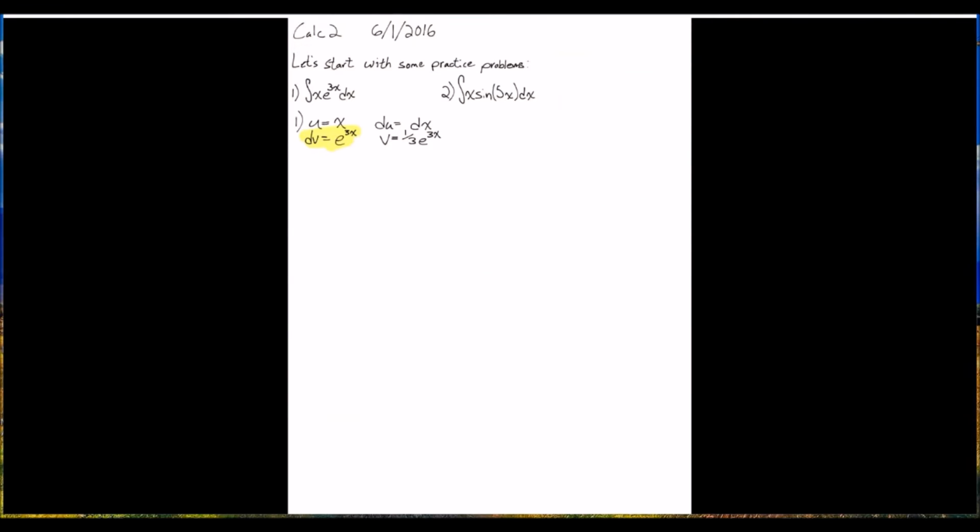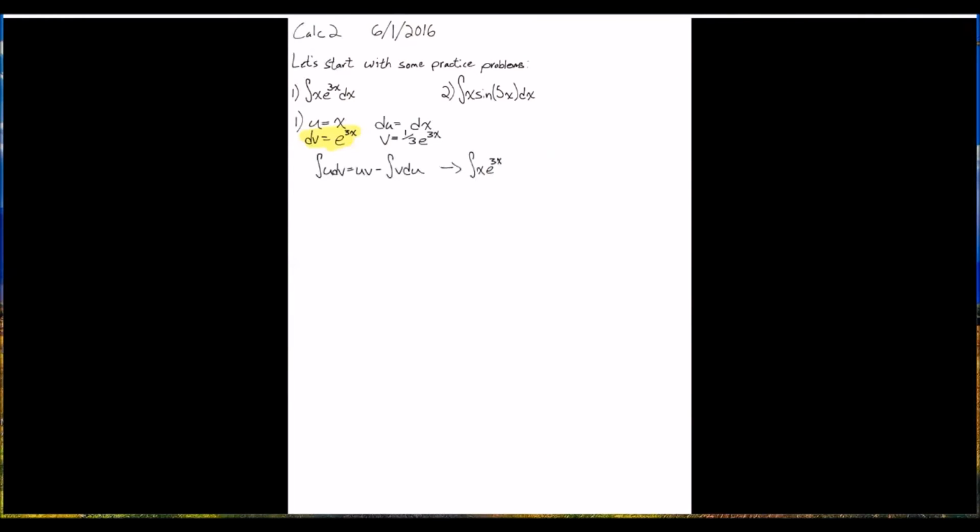Okay. So now in this next line, let's write out u dv equals uv minus the integral of v du. Right? So what does this mean in terms of our problem? Let's go ahead and sub them in. So we've got this integral x e to the 3x.